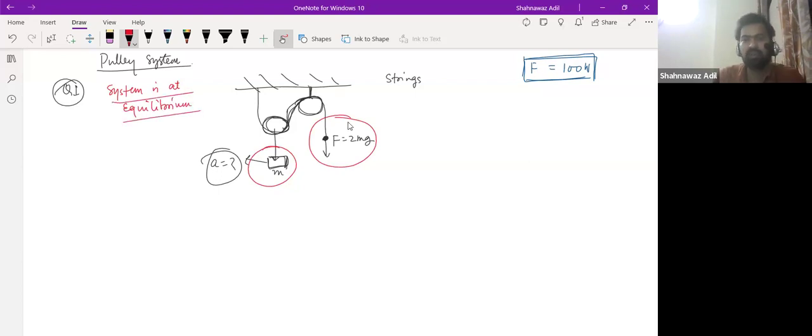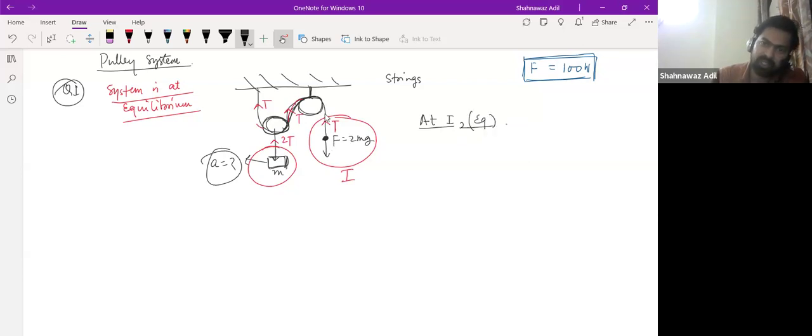Yes, guys, how many forces are acting on this one? So one force is downwards, and then you have tension upwards, right? In this one, you have also tension upwards. In this one, you have also tension upwards. So there are two tensions, so you have 2T upwards, right? So at this part, let's say this is 1, at 1 we have only two forces, and there we have to apply the equilibrium condition.